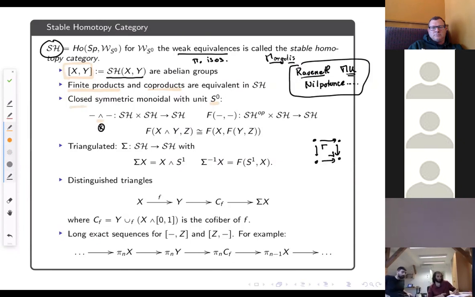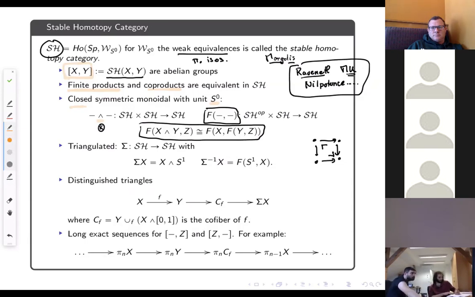There's the mapping space between two spaces; well, there's the function spectra between two spectra, and that's what people denote it by. And closed means that there is an adjunction like this: maps from X smash Y to Z is isomorphic to maps from X to the function spectrum from Y to Z.